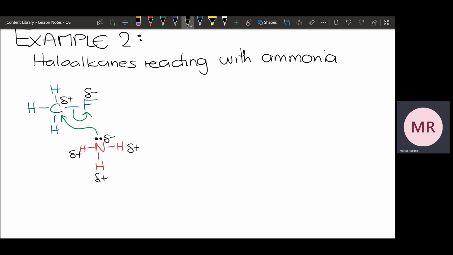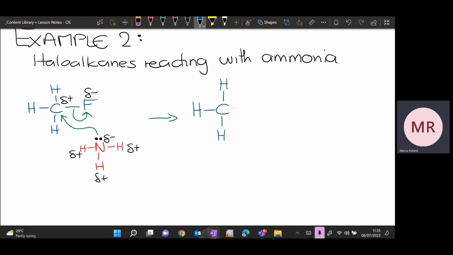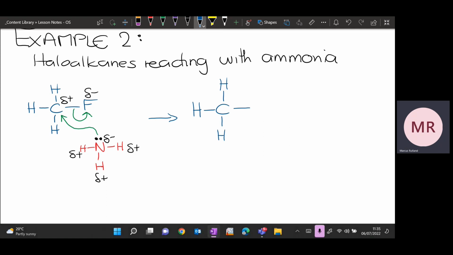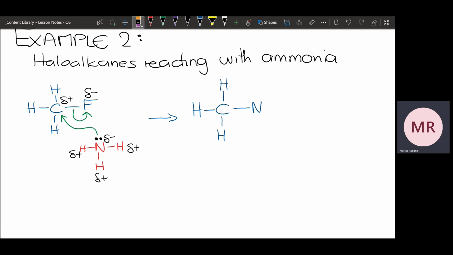And so you might think, well, how is this different? Well, there's a little twist here because the thing we're attacking with isn't a negative ion. So we're going to end up with an initially unstable intermediate. We will have attached, let me keep the color scheme, we'll have attached the nitrogen to the carbon with that new bond, but that will still have 3 hydrogens attached.